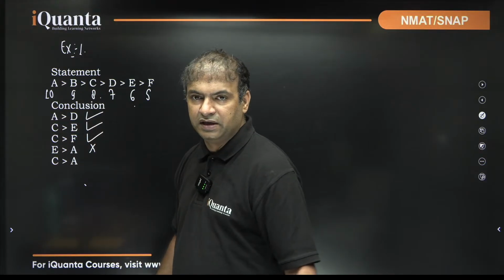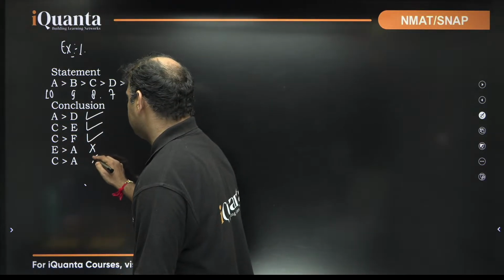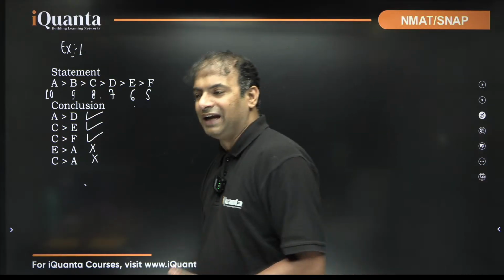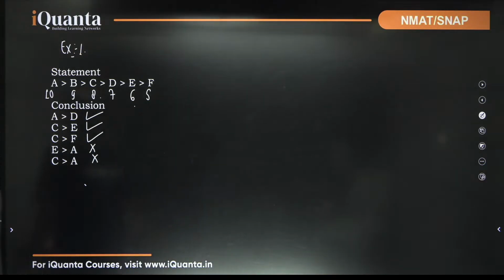How can 8 be greater than 10, right? So this is also not true, right? Simple example, guys, to make you understand what kind of questions can be there, right? Yes, only the last two conclusions are not true. Rest, all of them are true, right? I'm sure you guys understand that. Such an easy example.